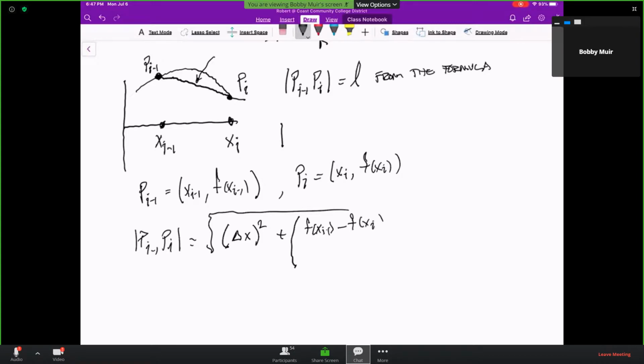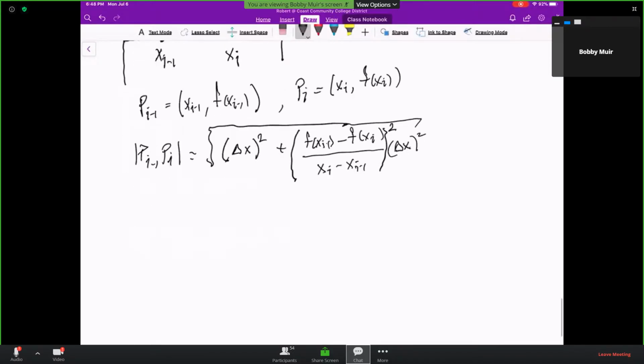F of xi minus f of xi minus 1, squared. And what I'm going to do here is insert the delta x being squared.